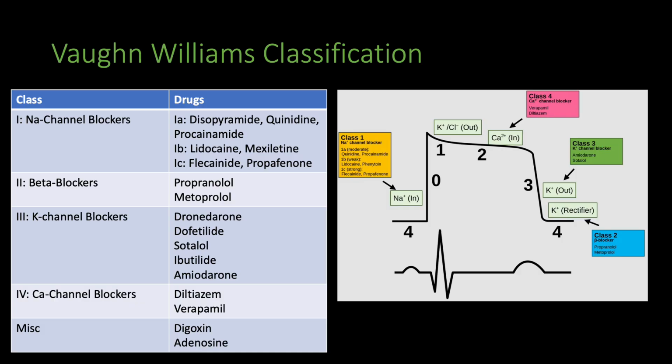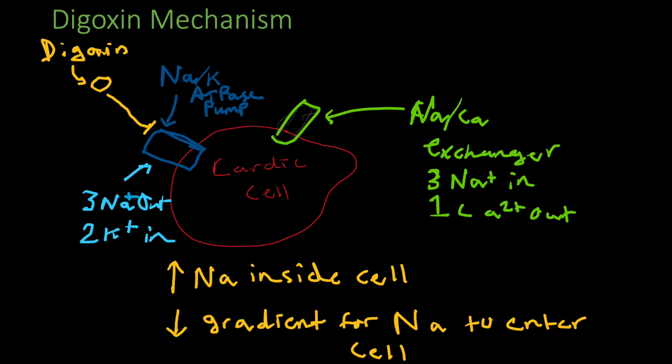So let's take a look at some of these mechanisms for digoxin and adenosine. Digoxin is an interesting mechanism. What happens is when digoxin is taken, it inhibits the sodium potassium ATPase pump.